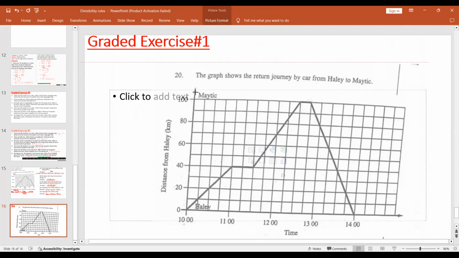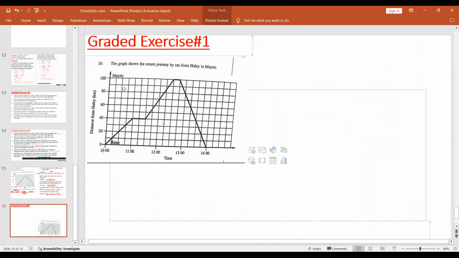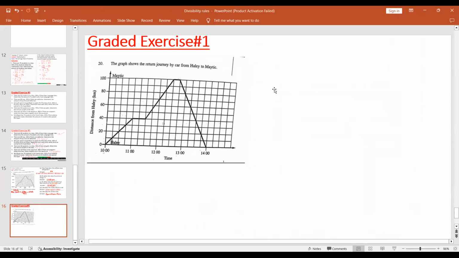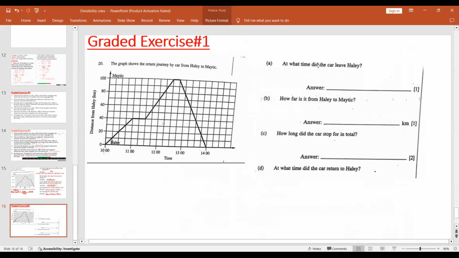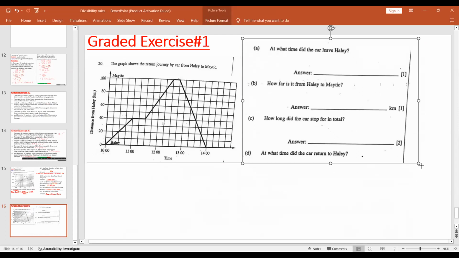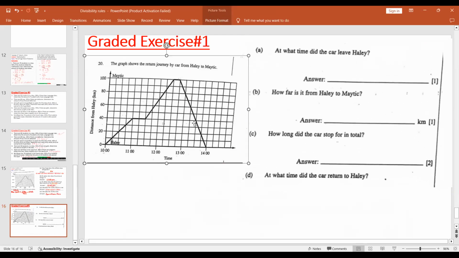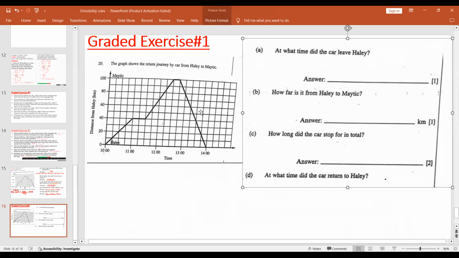So this is your graph, and these are your questions. For this one, do not, I repeat, do not draw the graph. Only write down the questions, all right?